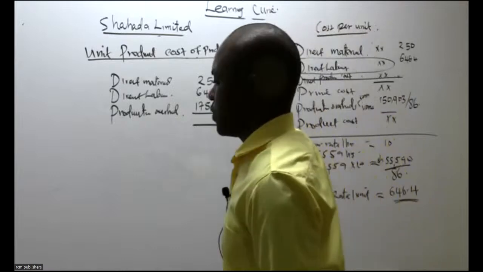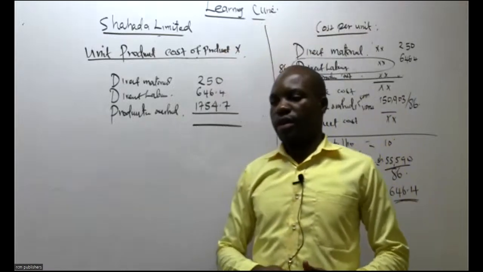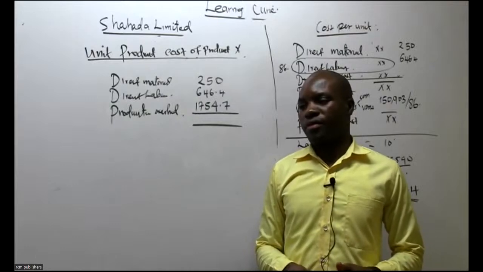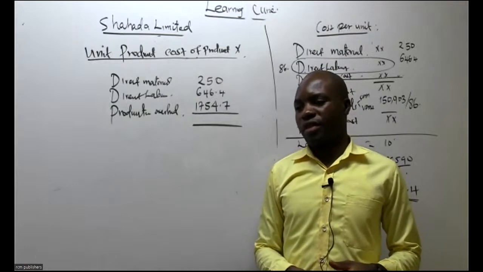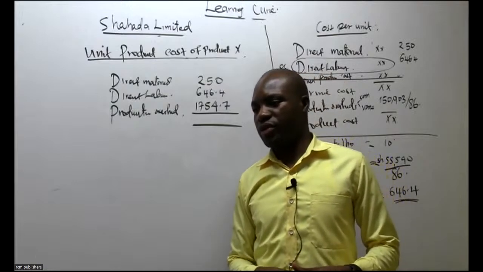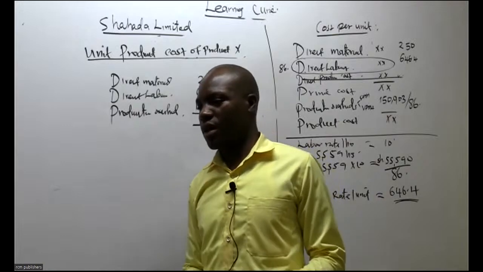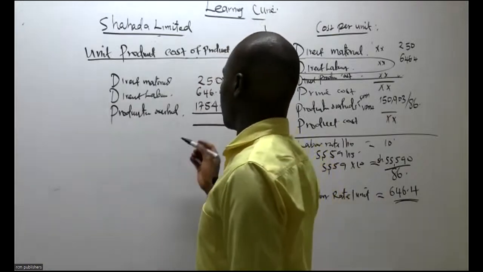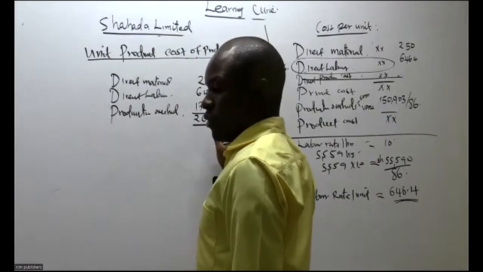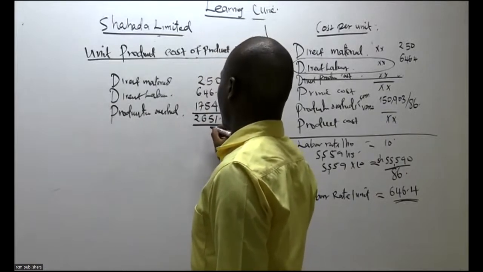What is the total for that particular product? The total for producing that product, tutapata ngapi? 2651.1.